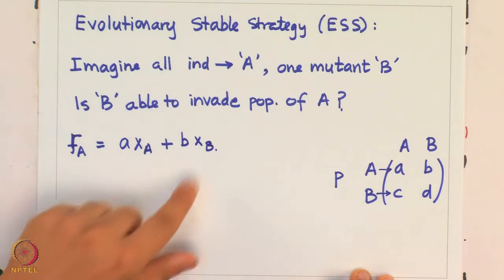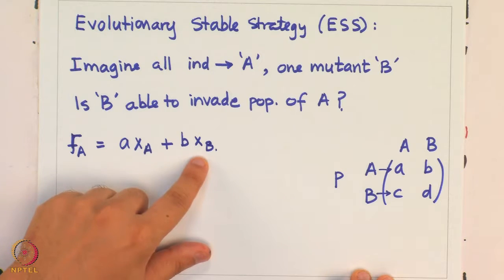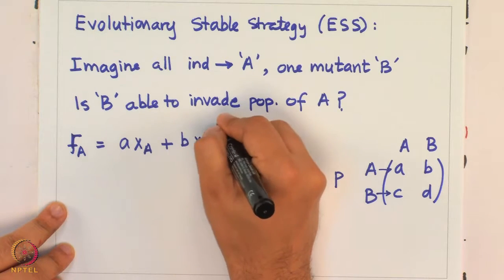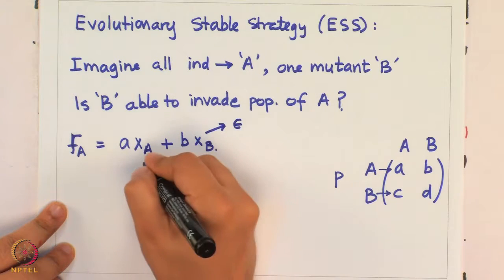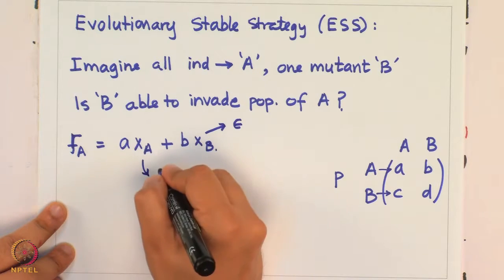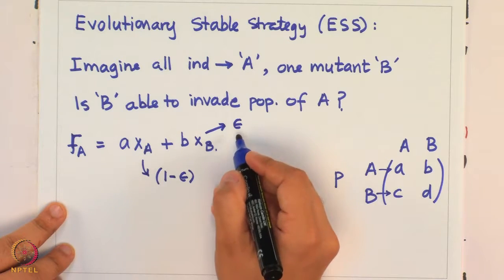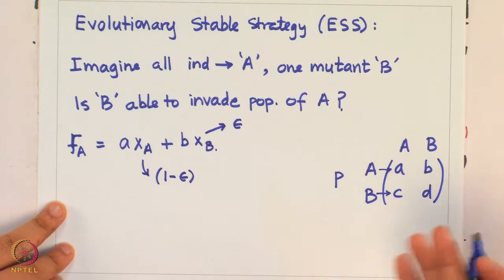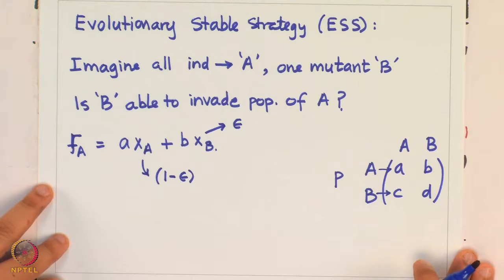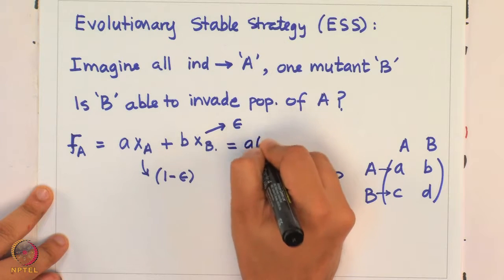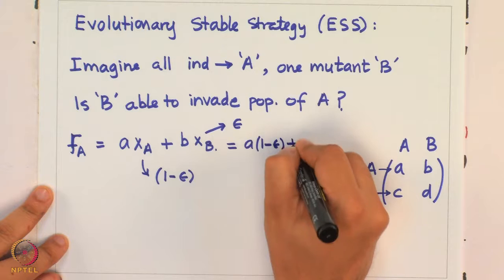But XB corresponds to the frequency which is obtained when you have only one individual of type B and everybody else of type A, so I am going to say that XB is a very small number epsilon and XA consequently is 1 minus epsilon. This is because epsilon is the frequency which is associated with one individual of genotype B and everybody else of genotype A. So this is FA, which is A times 1 minus epsilon plus B epsilon.